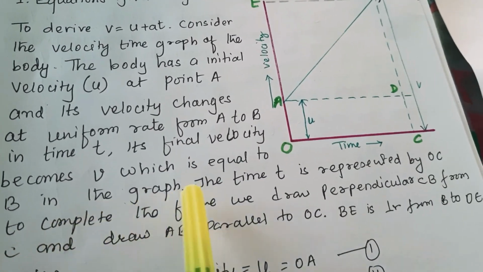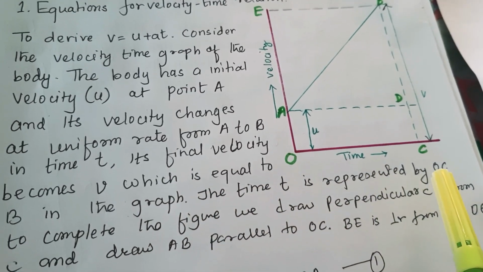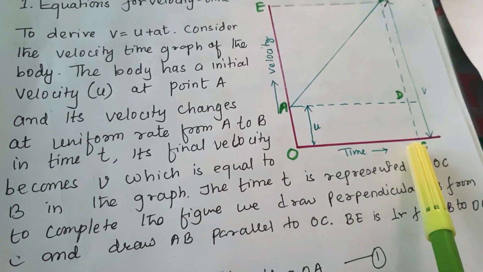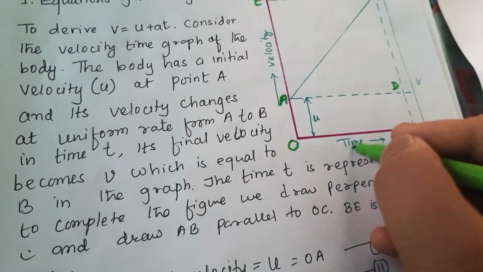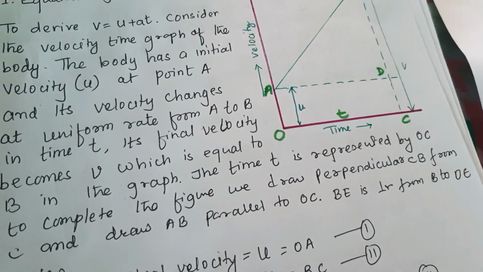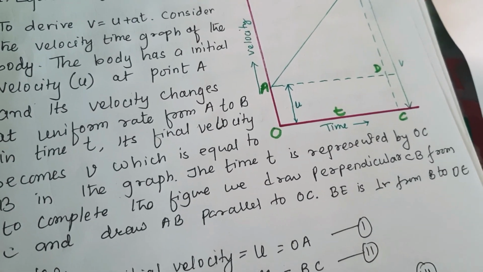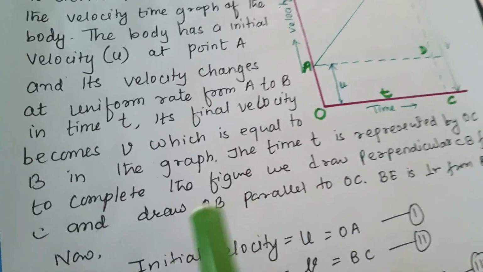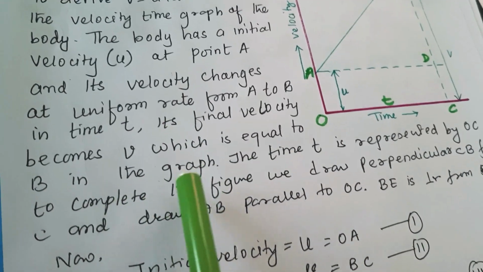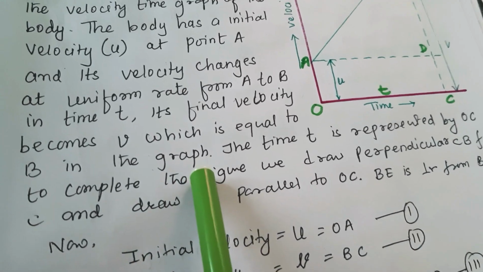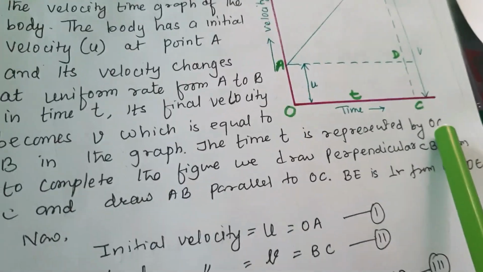In the graph, the time t is represented by OC. To make it more clear, let's write t here. This is your time. The time t is represented by OC.